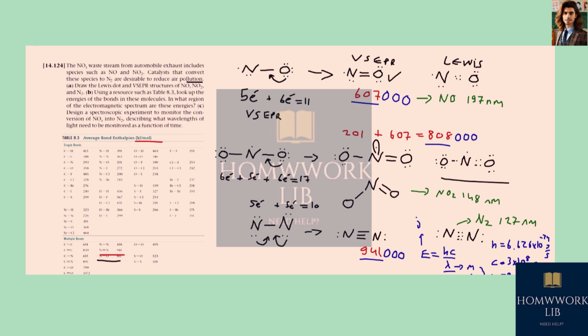Now, the last question is asking, design a spectroscopic experiment to monitor the conversion of NOx into N2. So first of all, all these values are ultraviolet.